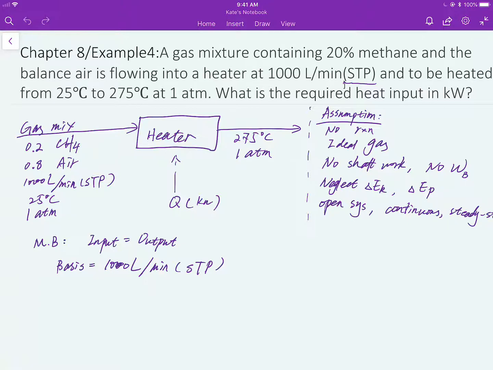Because it's ideal gas condition, based on what we learned in chapter 5, we can convert from volumetric flow rate to molar flow rate using the standard condition conversion factor. We have 1 mole equal to 22.415 liter at standard temperature pressure condition. That is 44.6 mole per minute. This is the molar flow rate for the air mixture.